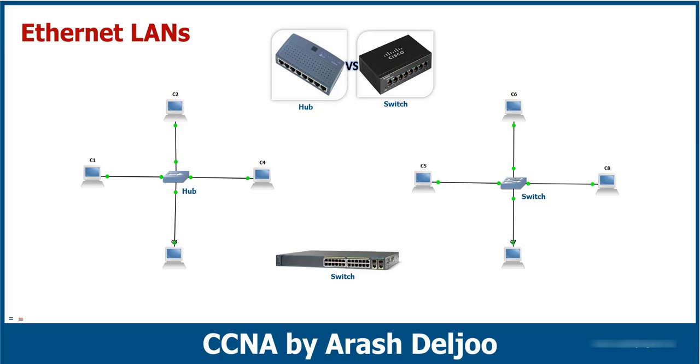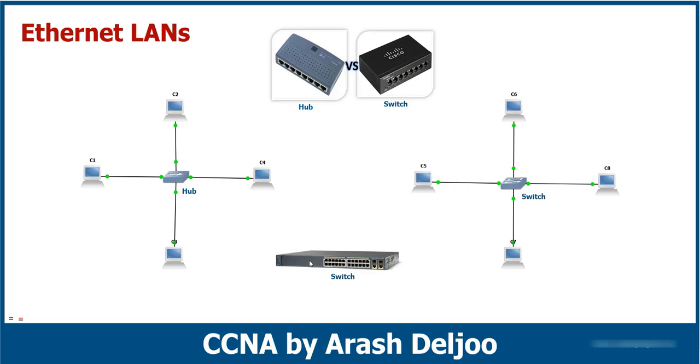Okay, let me start talking about the hub and switch. The first thing is that the hub and switch are very similar to each other in physical form. Look here, this is a switch, this is a hub. As you can see, we don't have any differences. And here we can see another switch, a Cisco switch.